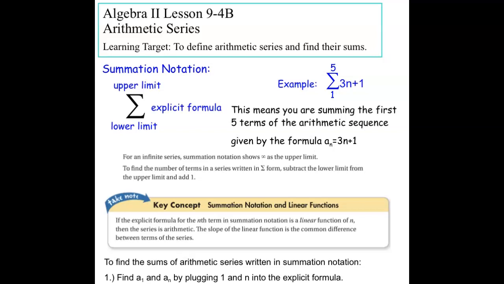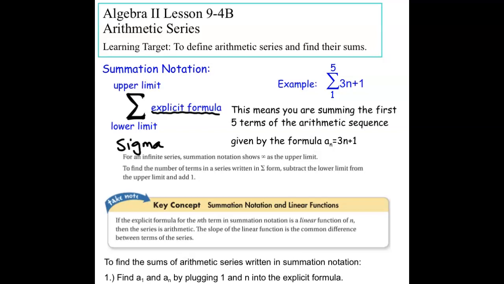Okay? So in our summation notation, it uses the Greek letter sigma. So this kind of capital E looking type letter is the Greek letter sigma. Okay, and what you will have is an explicit formula for your sequence in this position, and then you have a lower limit and an upper limit.